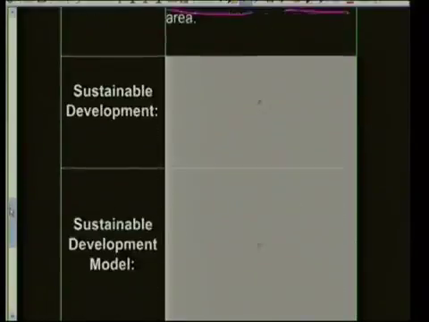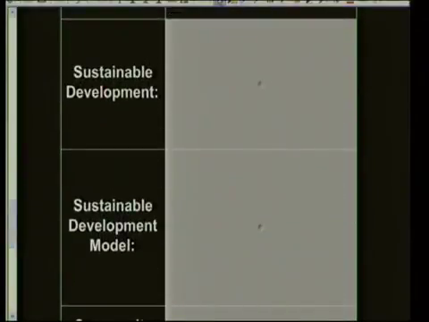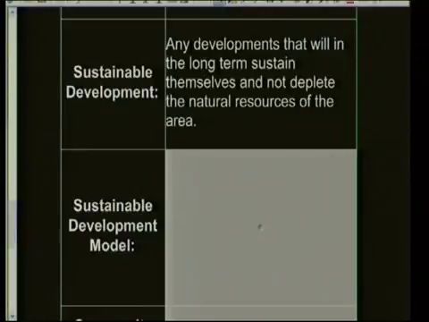All right. Now we look at sustainable development. Sometime in your life, in terms of studying geography, you need to study a definition of sustainable development. You can then take that exact same definition, and anytime sustainable development is mentioned, you can apply that definition.